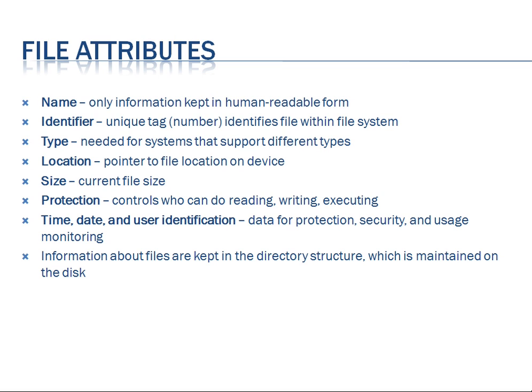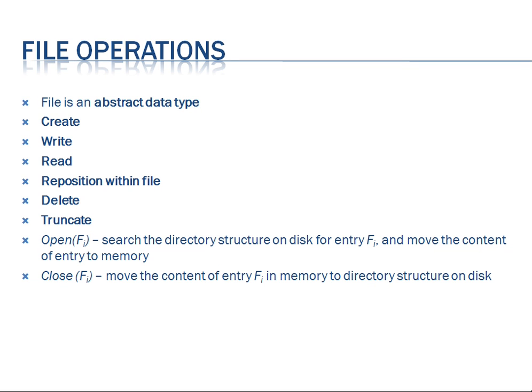These sub nodes are actually the directories, and the leaf node is the exact file. So information about the file is kept in the directory structure. Where you can find this file, you'll have to look into the directory. Then you can locate that file. And that is maintained on the disk. See, the directory structure is maintained on the disk. You'll come to know about this.